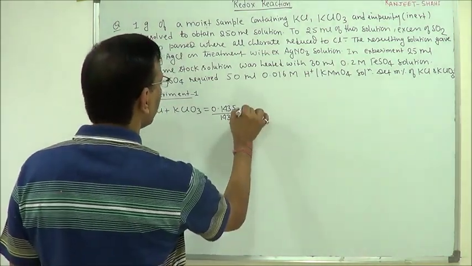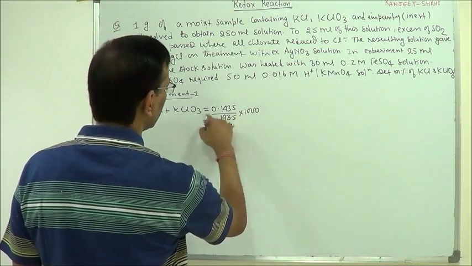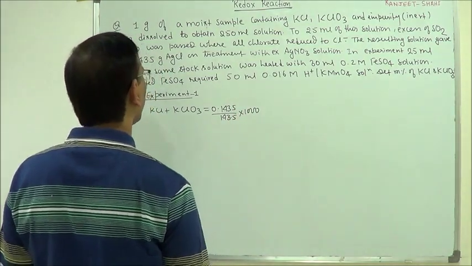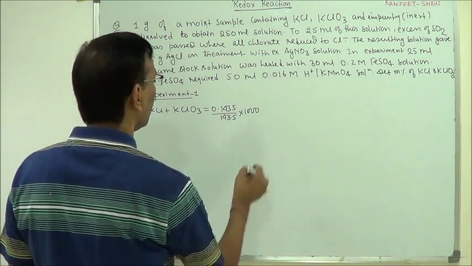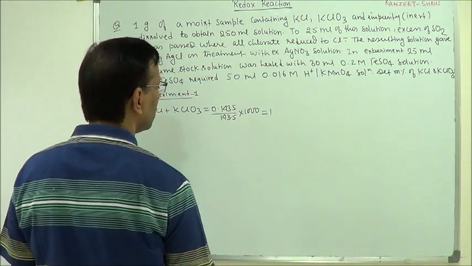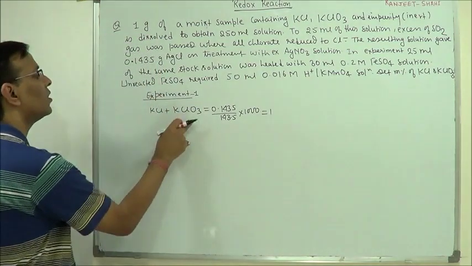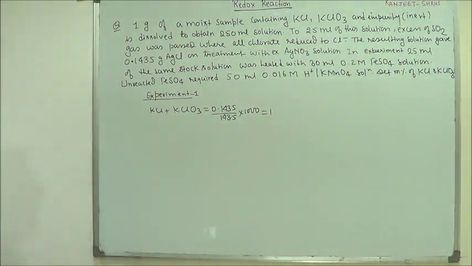It is a small quantity, so multiply it by 1000 to get the millimole. It is 1. So millimole of this 2 is equal to 1 in 25 ml.